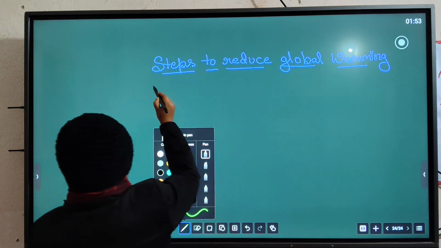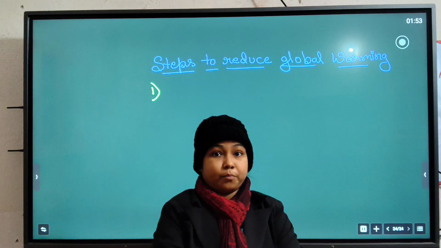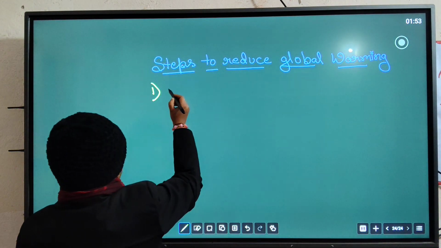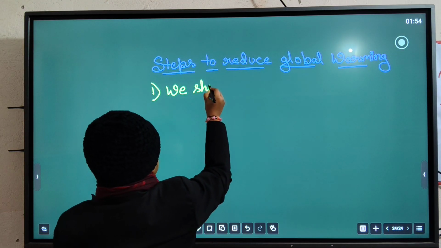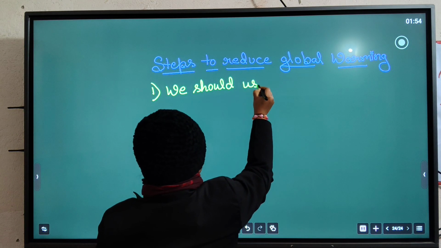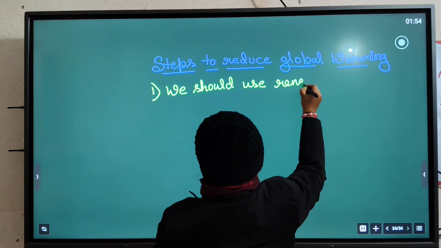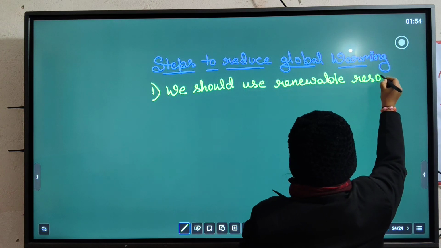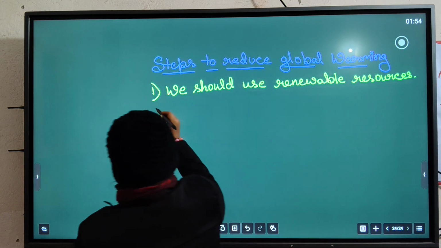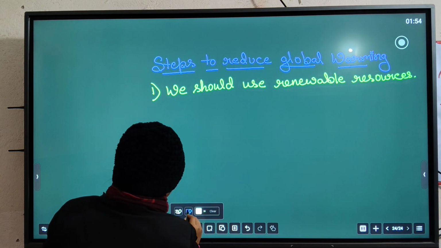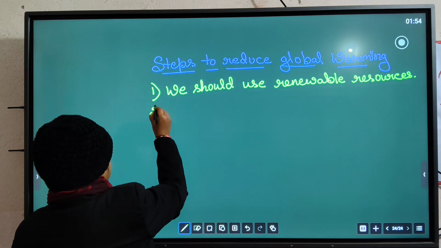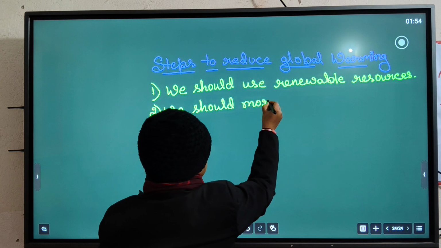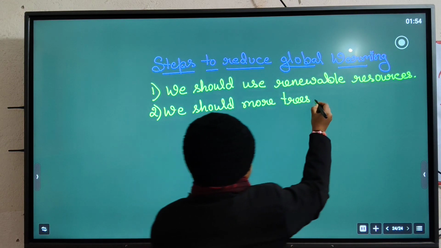So what do we have to do? First, we have to use more renewable natural resources so that global warming does not happen. We should plant more trees and plants.